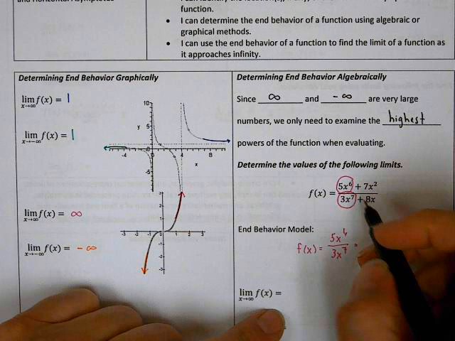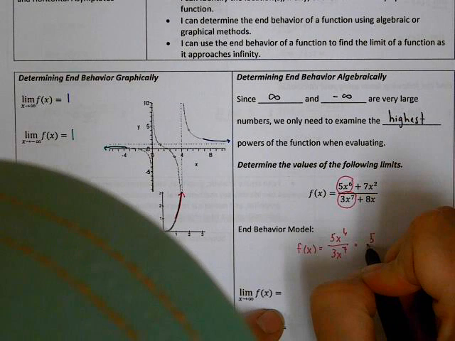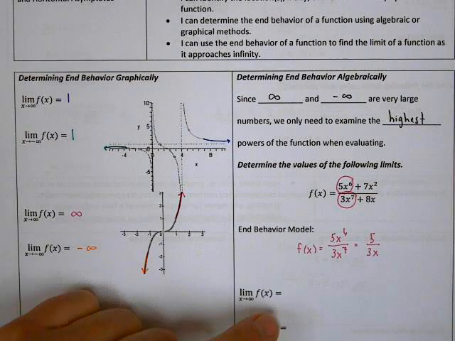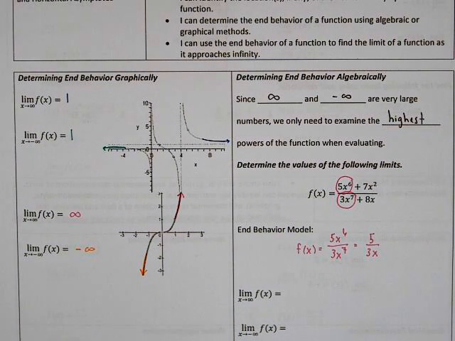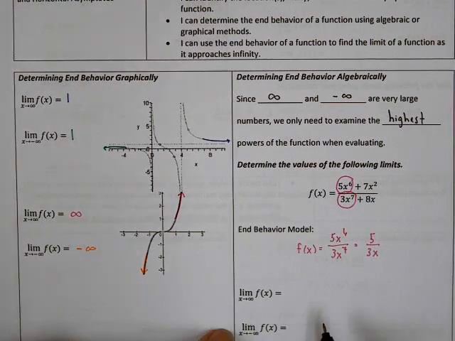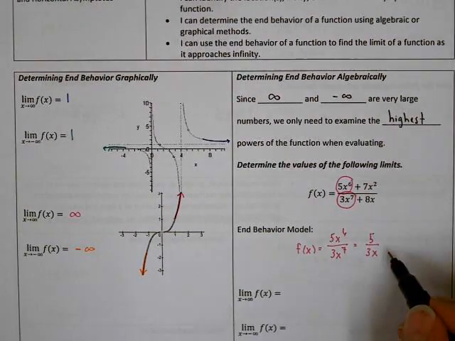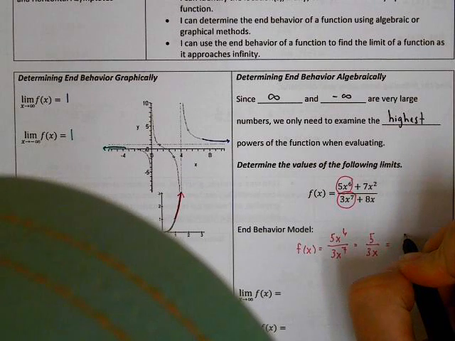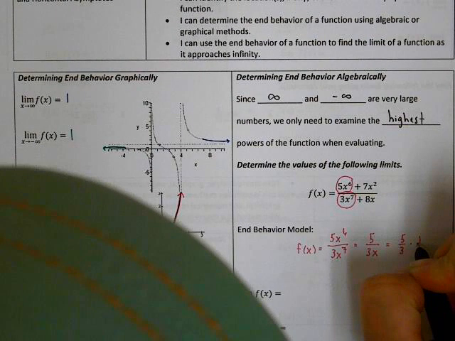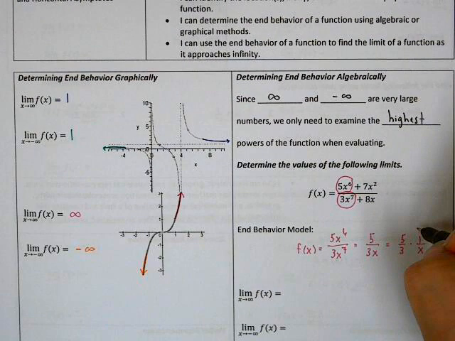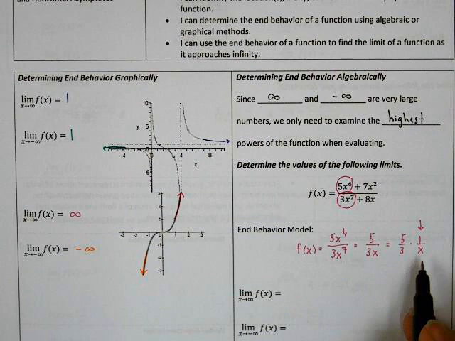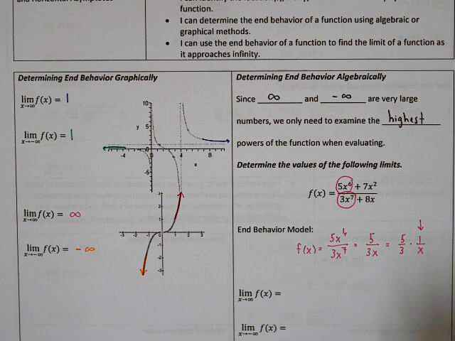Now if I simplify this, I get really 5 over 3x. Now, here's what we need to know. We could write this as 5/3 times 1 over x. So really, this is what I'm concerned with. What does the behavior of 1 over x look like?